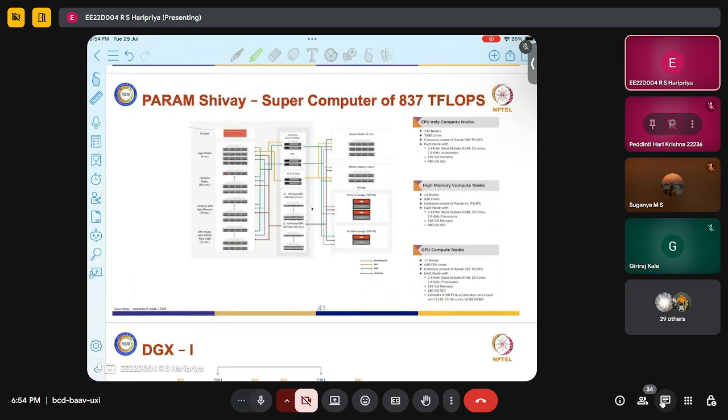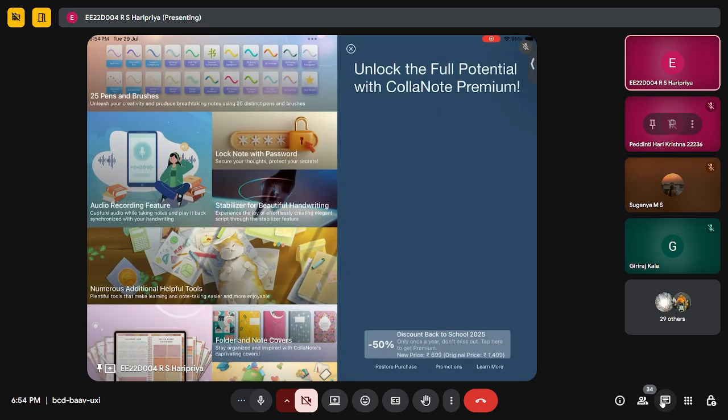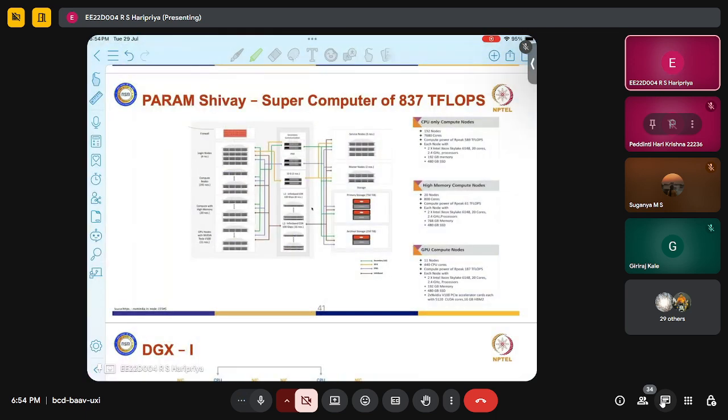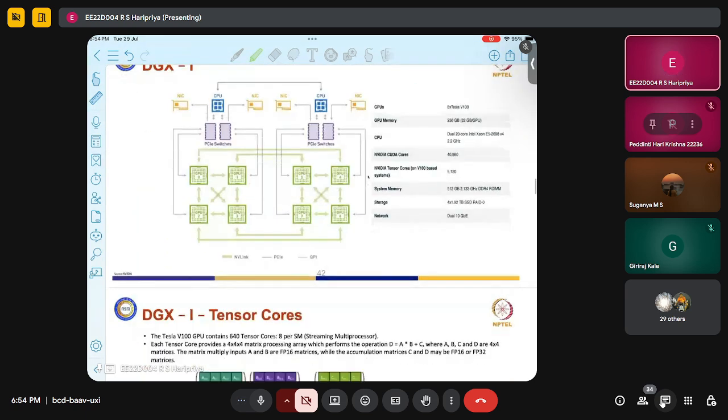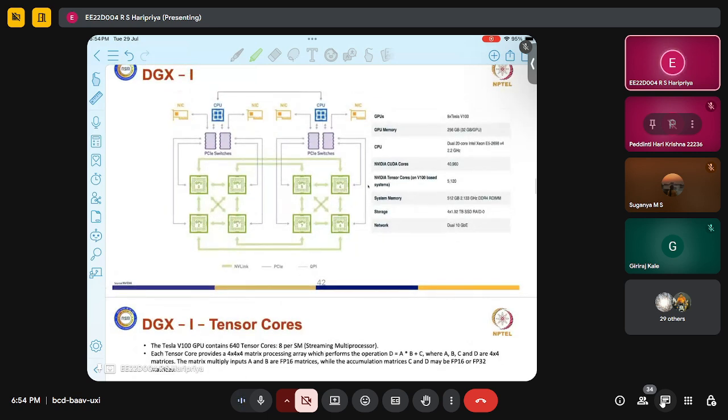This is from IIT Varanasi, a cluster that consists of 837 teraflops, and the configuration. And this is the configuration for DGX.